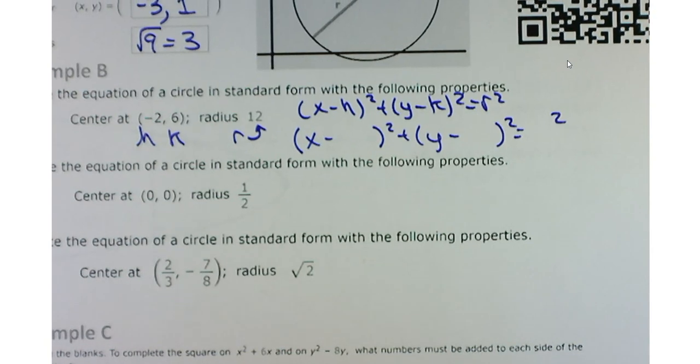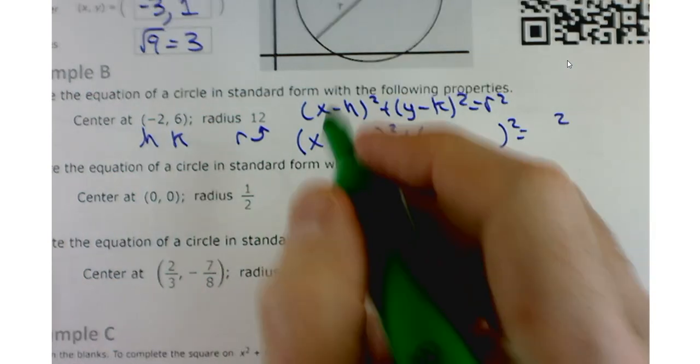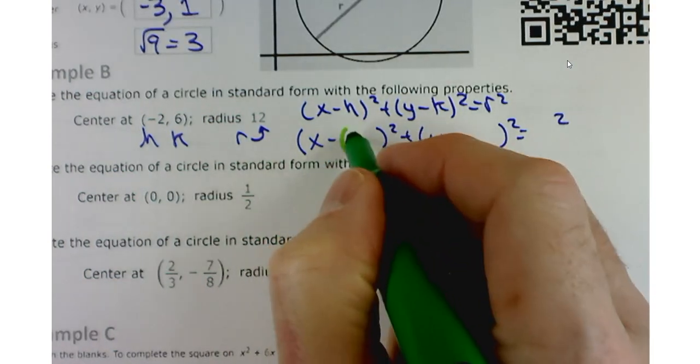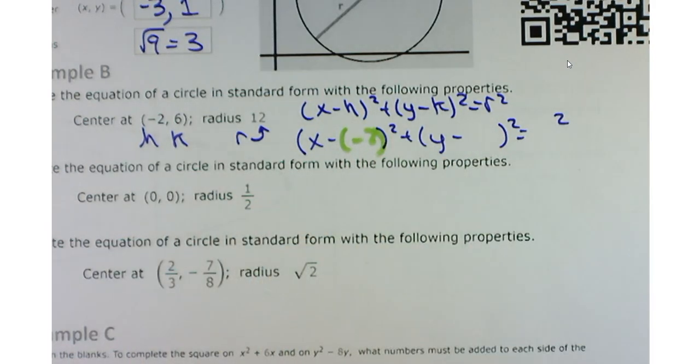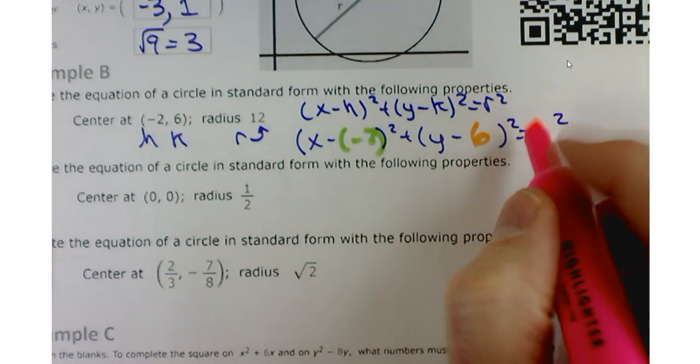So there's a couple forms that I would accept this answer in. H in this case is negative 2, k is 6, and the radius is 12, so 12 squared.